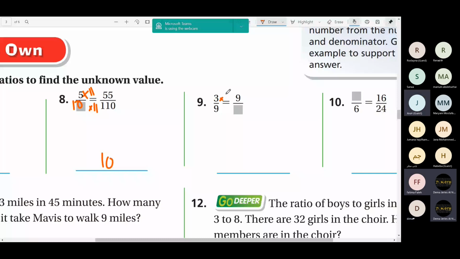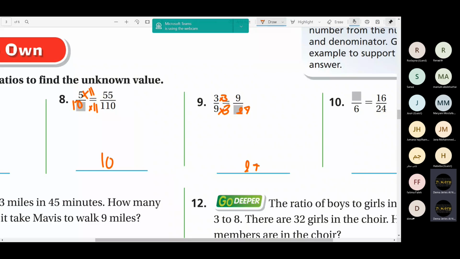How do you multiply 3 to be 9? You multiply it by 3. Bravo. And the 9, multiply it by what? If you multiply down by 3, up by 3. Bravo. So 9 times 3 is? 27. Thank you.